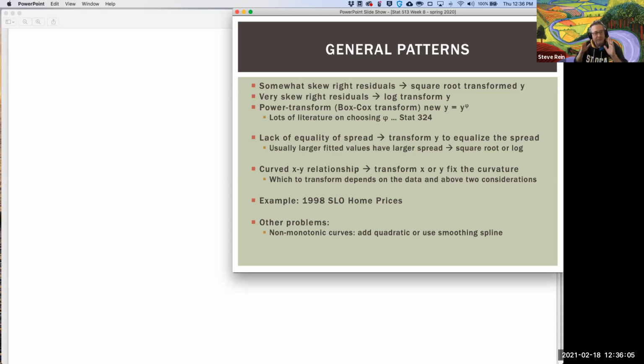Okay, so refocus. In general, if you have an XY relationship and it's curved, you also have a problem with a lack of equality of spread. And you often will have a lack of normality. Okay, we're going to suggest, depending on the context, and you'll see the last page of the lab really does give you a list of situations, much like I'm about to explain and describe, a list of situations where you could solve these sorts of problems with what I'll call a power transformation.